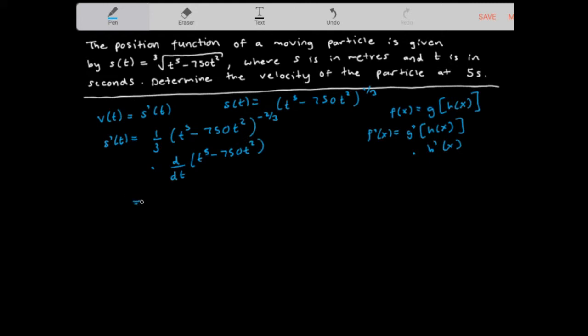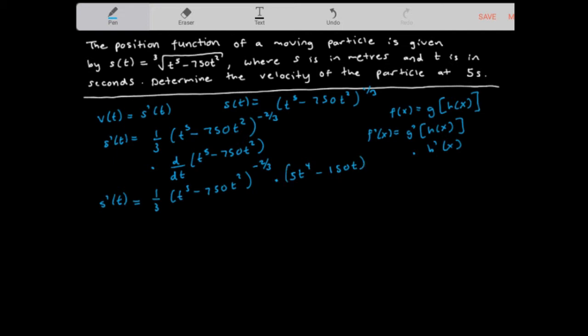Okay, and this is going to give us s prime of t is equal to 1/3 times t to the power 5 minus 750 t squared, to the power negative 2/3, times 5t to the power 4 minus 150 t.